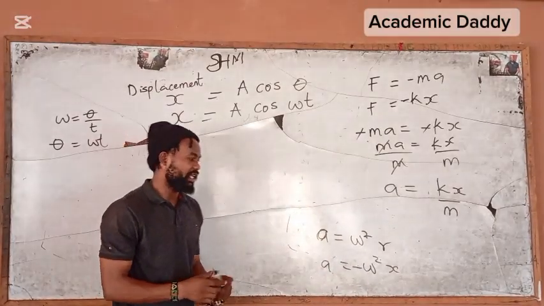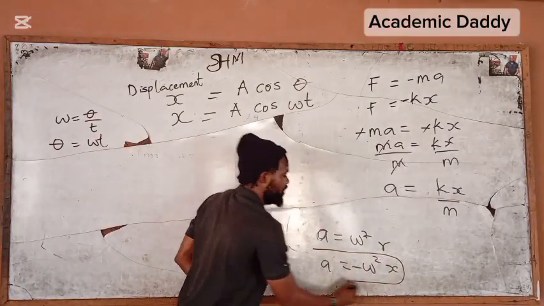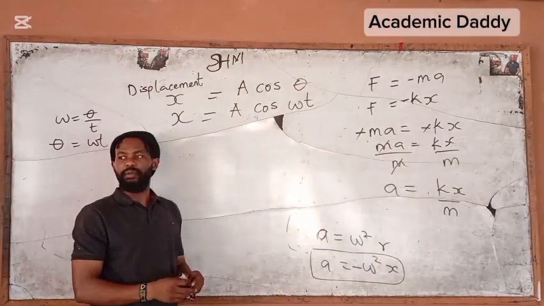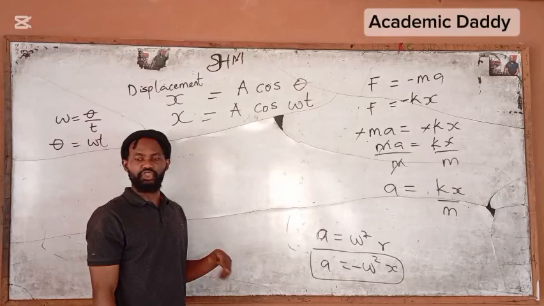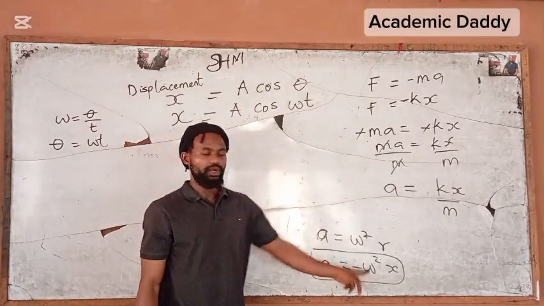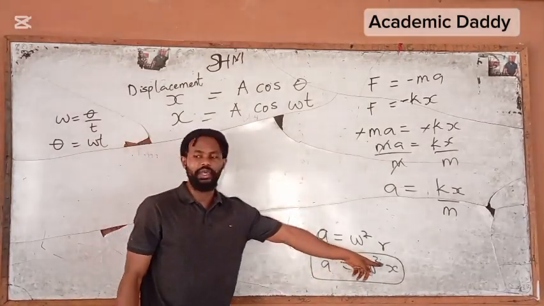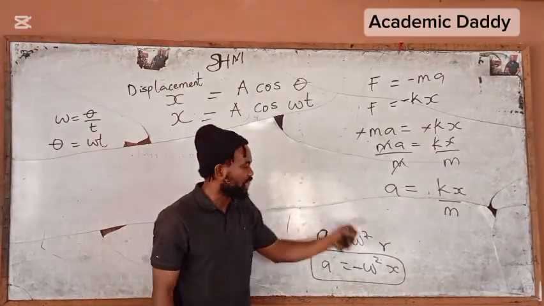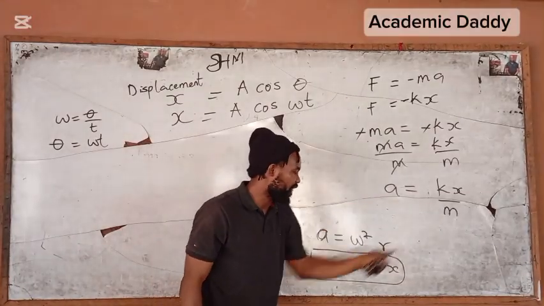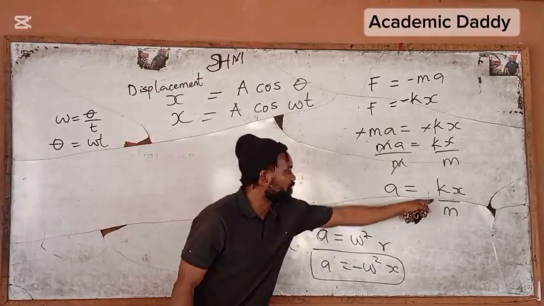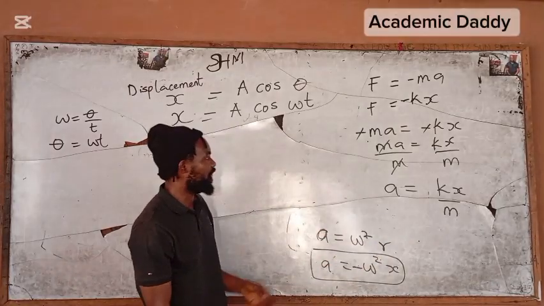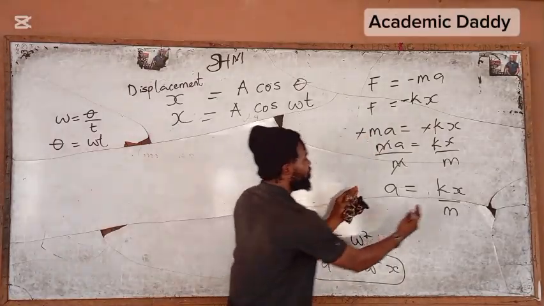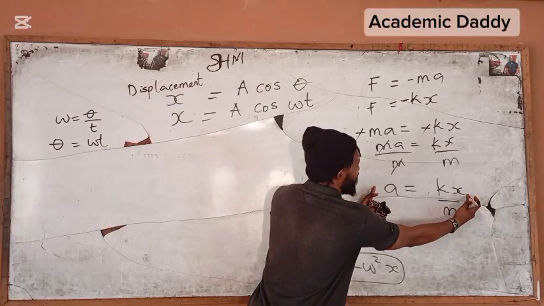So which means that anytime you want to get the acceleration of a simple harmonic motion with respect to angular frequency, what you're having is minus w squared x. So if I put these two things together, notice that initially I'm having here, please notice that a equals kx over m.